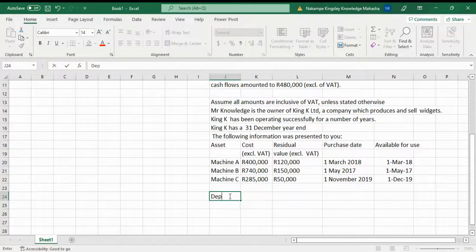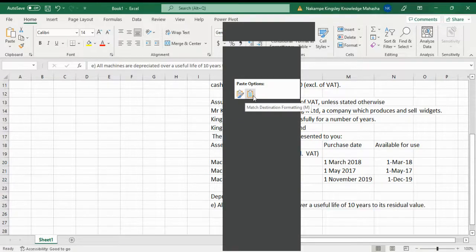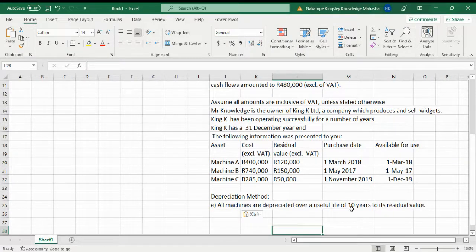I also forgot to write a very important piece of information here about the depreciation method. Let me write it here quickly, which was information E. It says that all machines are depreciated over a useful life of 10 years to their residual value.